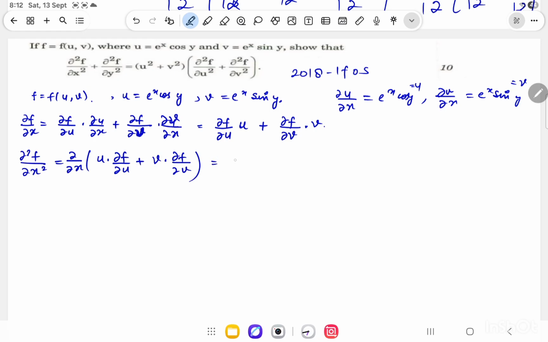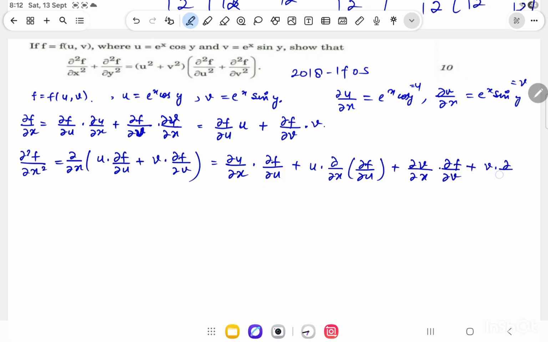So this will be equal to del u by del x into del f by del u plus u into del by del x into del f by del u, plus del v by del x into del f by del v plus v into del by del x into del f by del v.